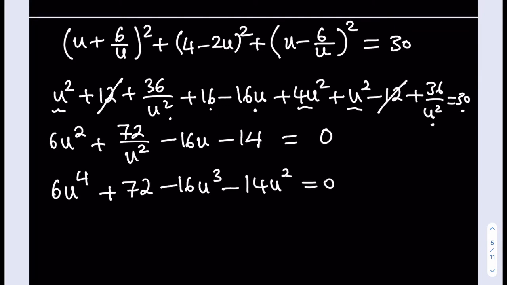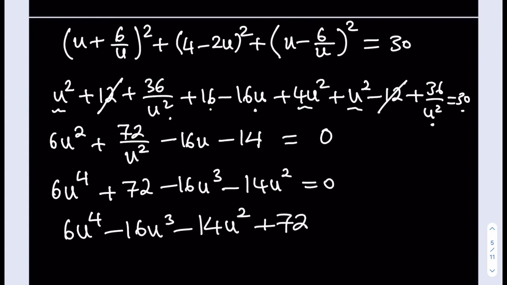Let's rearrange these terms to make them a little nicer, standard form, so on and so forth, right? Okay, so let's make sure we get it right. We have 6u to the 4 minus 16u cubed.